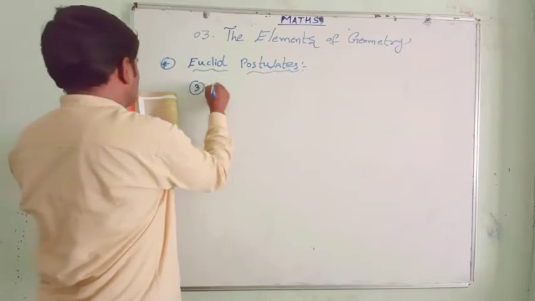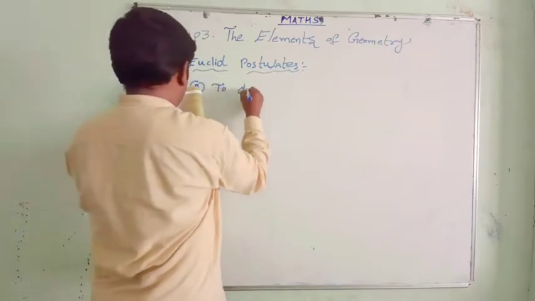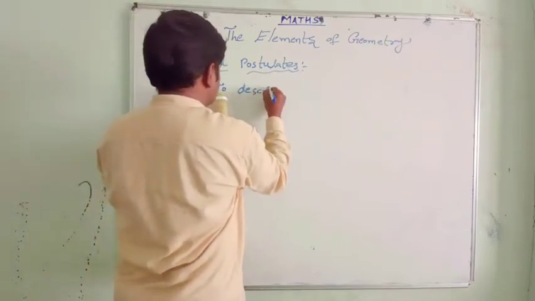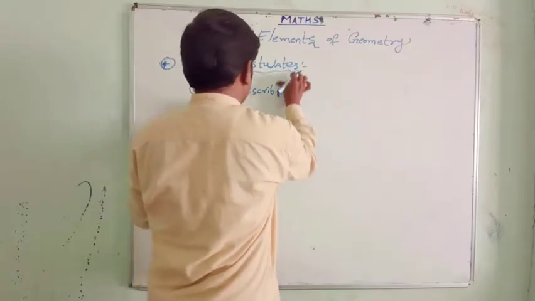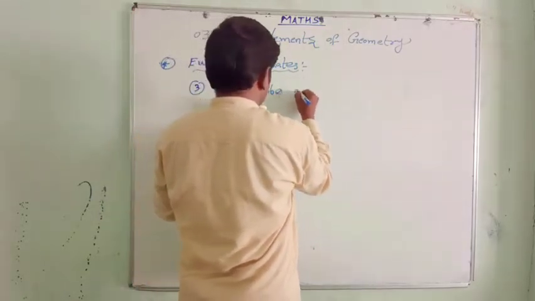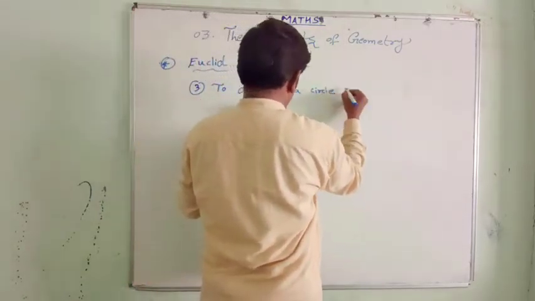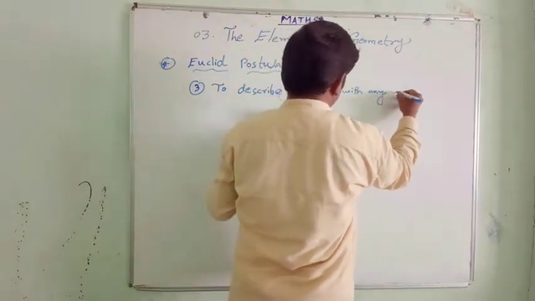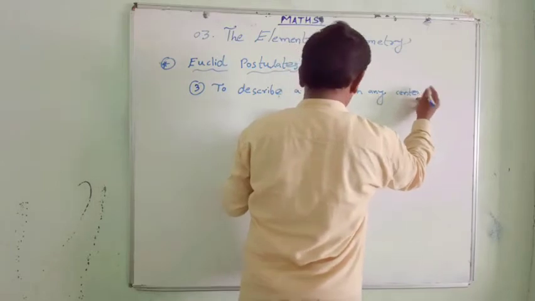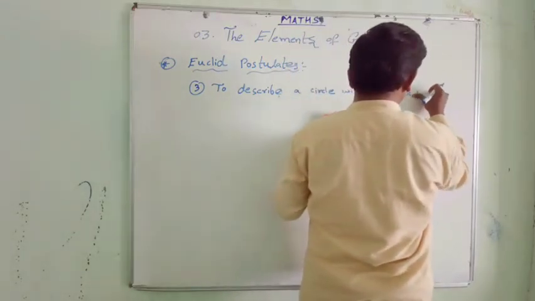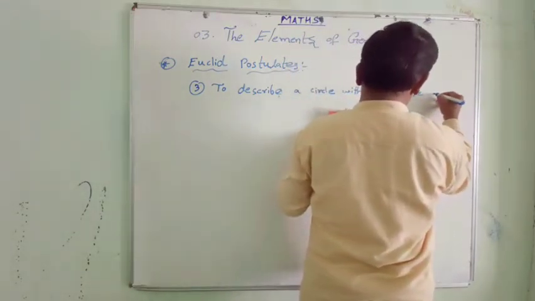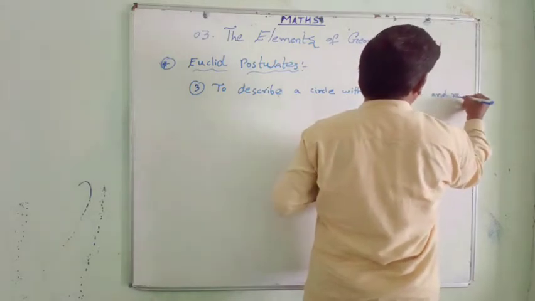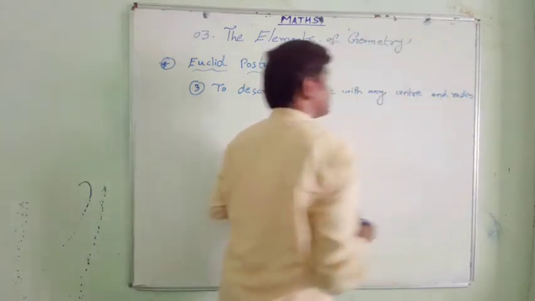Postulate number 3, to describe a circle with any center and radius.